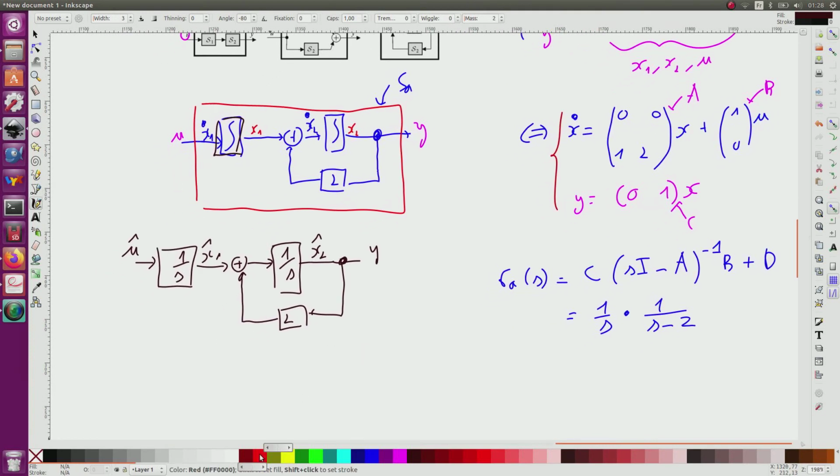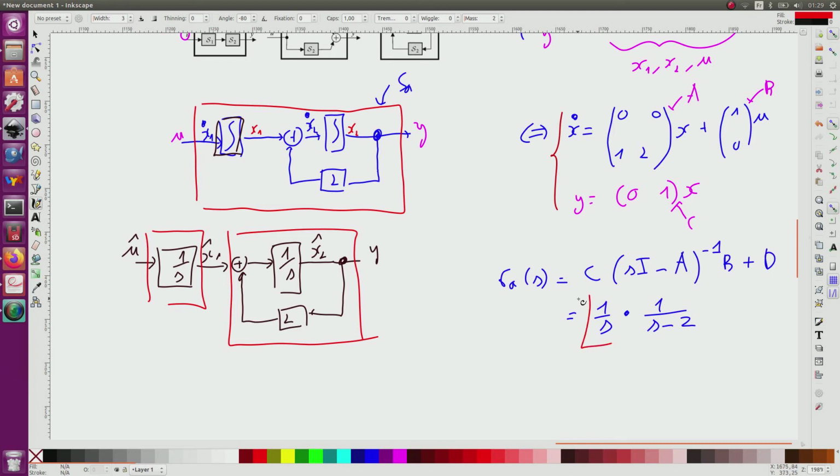Okay, so I have the series of two blocks. This one corresponds to this term. Now I only have to check that this one corresponds to the transfer function of this system S2.